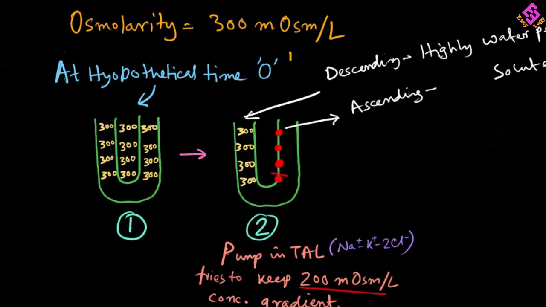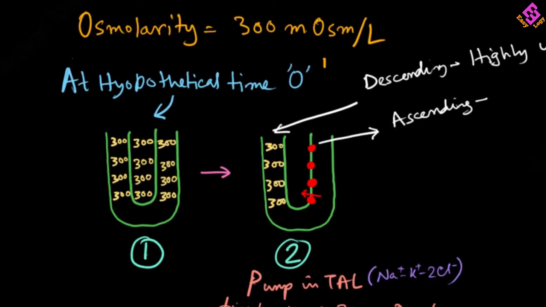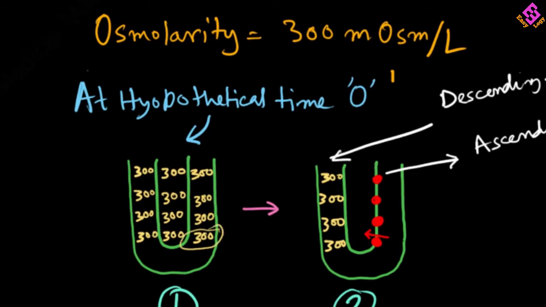Now this pump will pump out solute, and as it is pumping out solute, previously it was 300, now solute is going to interstitial space, so it will be 200 milliosmol per liter, and the interstitial space will be 400 milliosmol per liter.